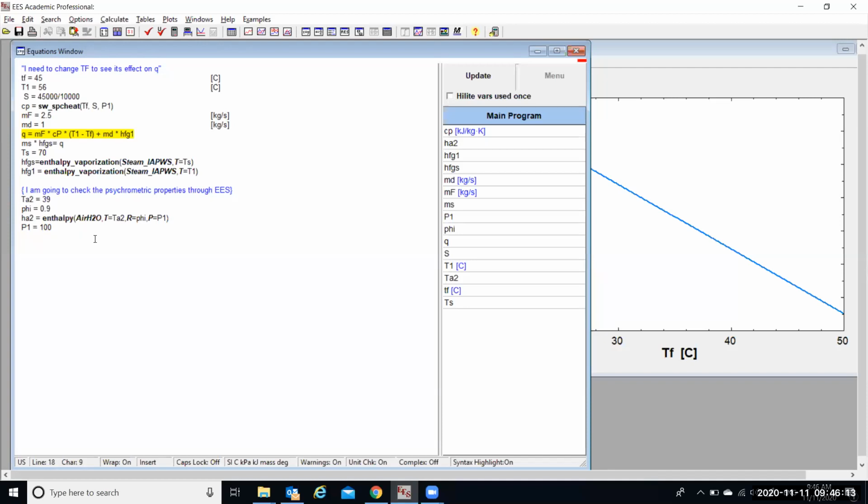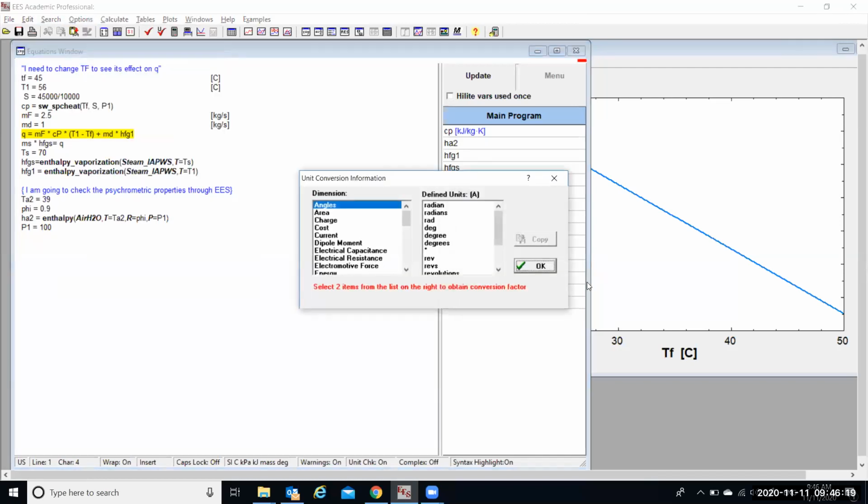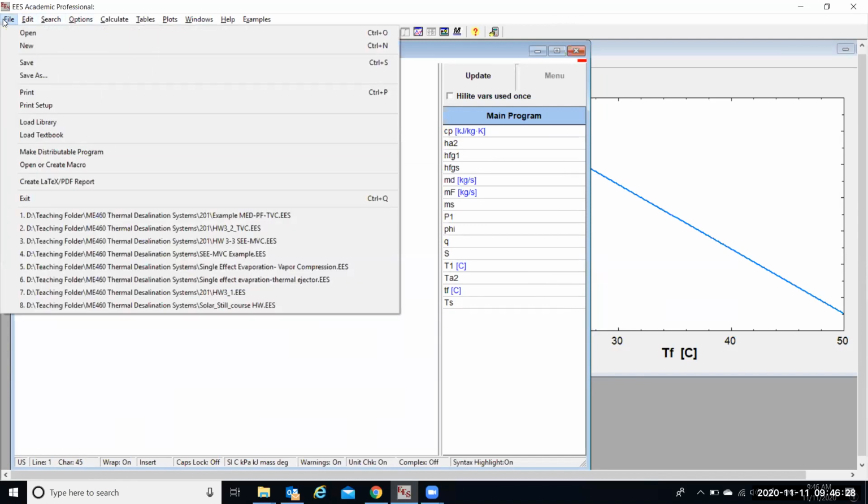And there's another issue here, which is related to the units. I'm trying to see what was the unit system that we use for this.